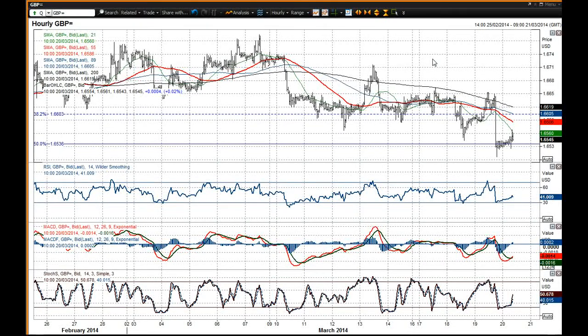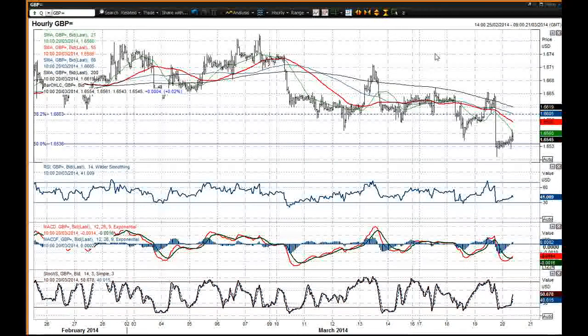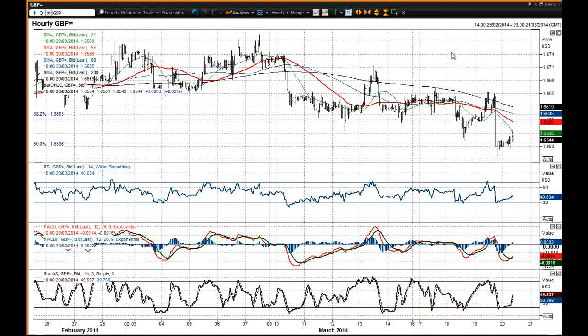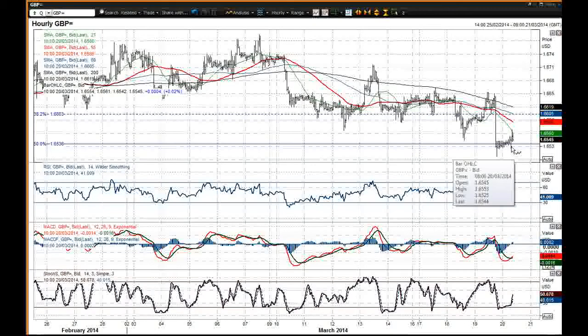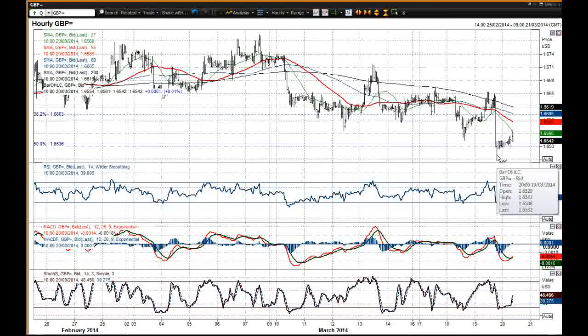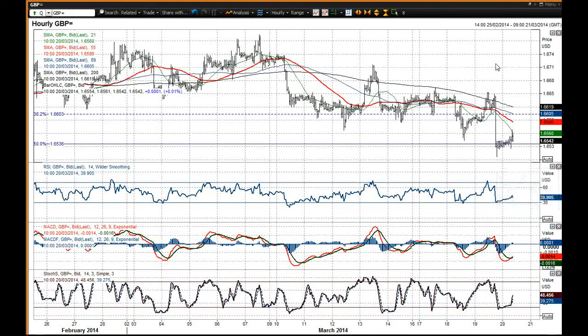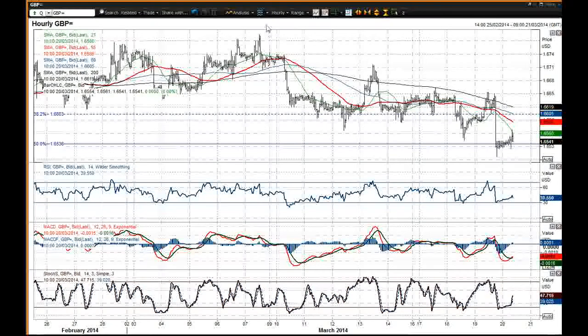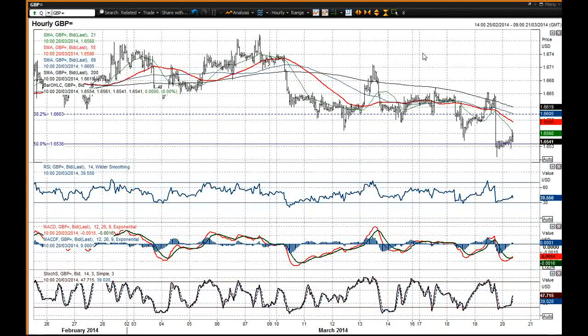So we need to just reassess the situation probably today and see if we can start to form a higher low above that 65.25 and certainly above the overnight low of 65.06. If that can begin to happen, then we can start to think about whether we're going to start buying this chart or not.